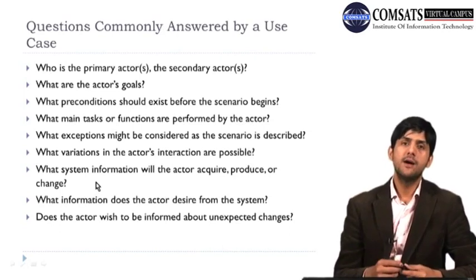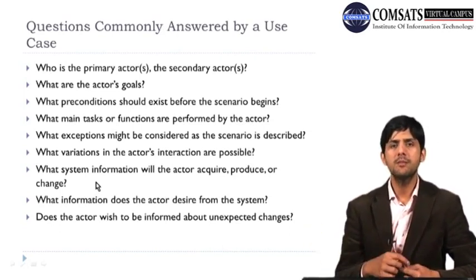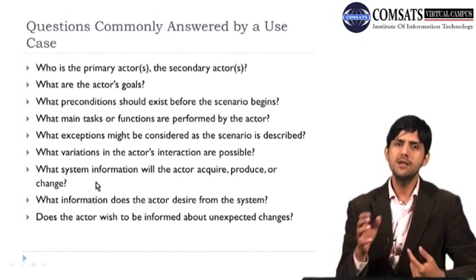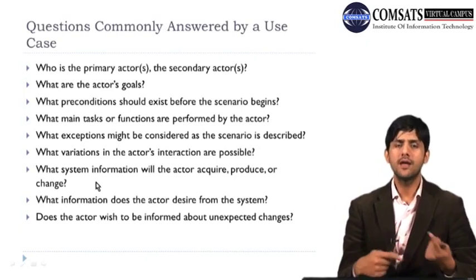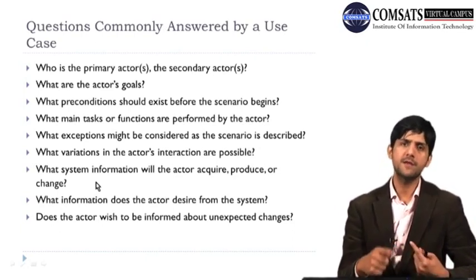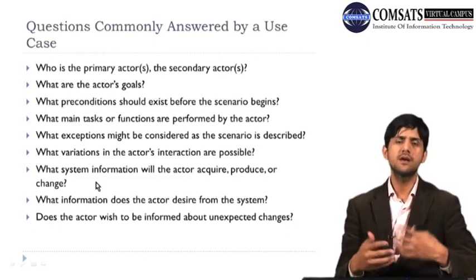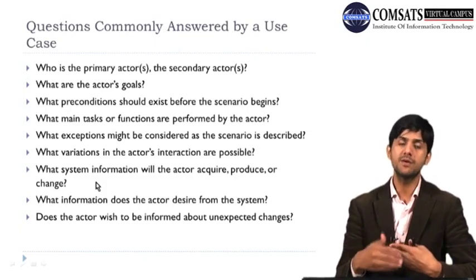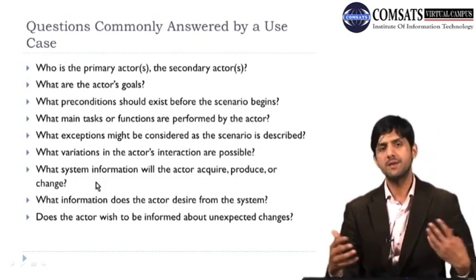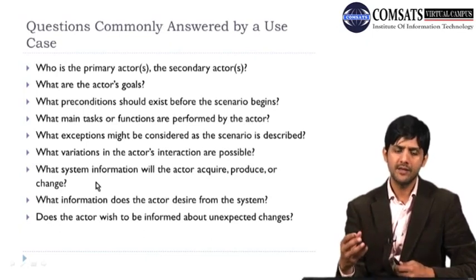For example, a student trying to log in may not remember his username or password, so he submits an incorrect username or password. Then he would be asked to log in again, and he might do it a number of times. Then the system would say, if you cannot remember your login and password, supply us some information, or give us the email address you used to register on the LMS. So there can be multiple interactions involved by the actor.